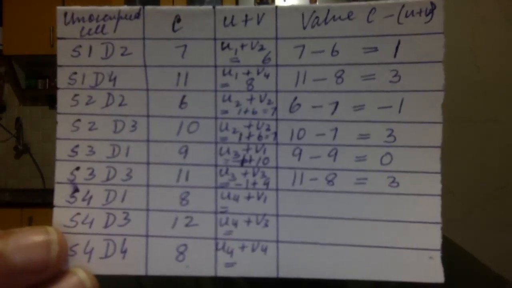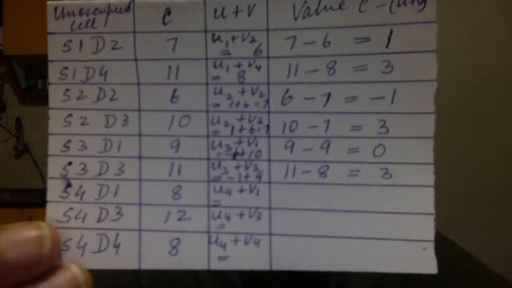Next one, U4 plus V1. U4 is minus 2. V1 is 10. So you'll get 8. 8 minus 8 is equal to 0.